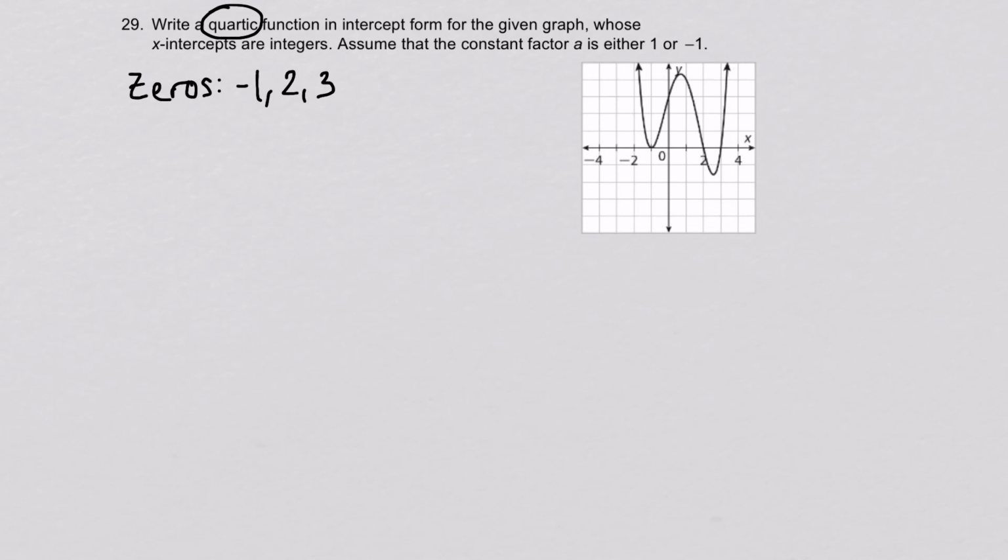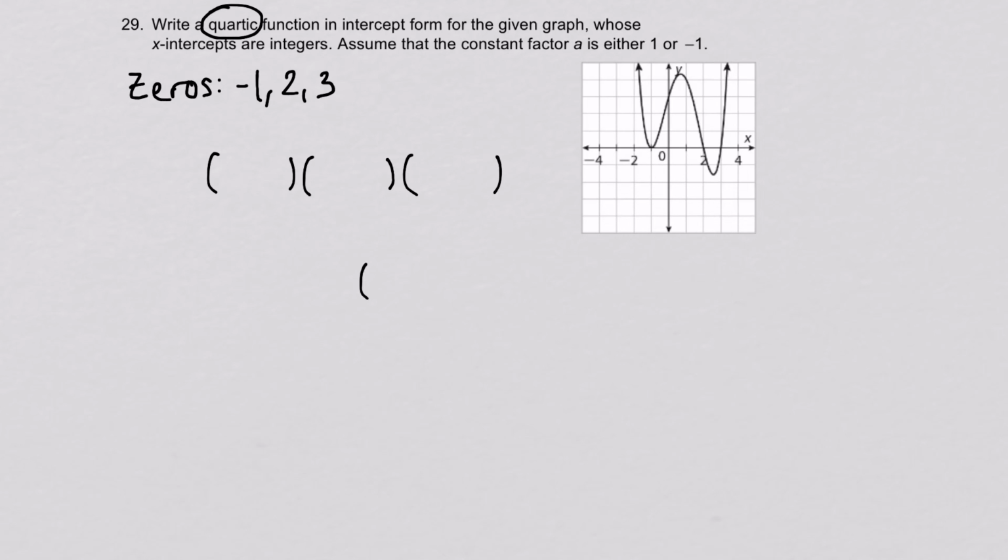Still following me along? So I got those 3 from looking at the graph and seeing where it crosses or touches the x-axis, right? Now what I'm going to do is work my way backwards. What I mean by that is for each of those 3 zeros, what are the factors that gave me those zeros?